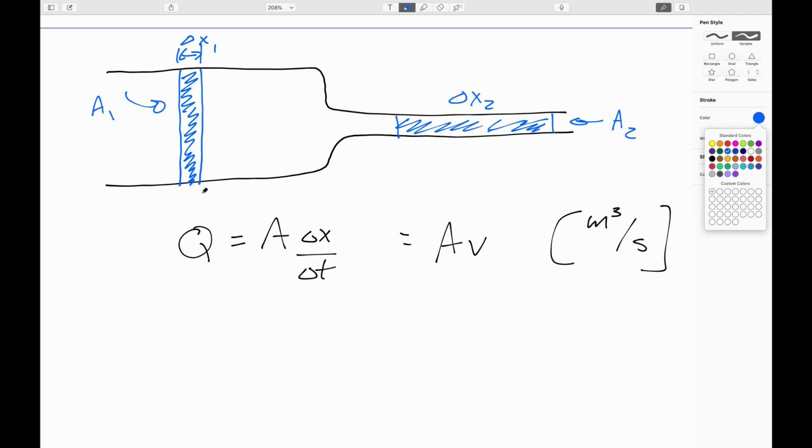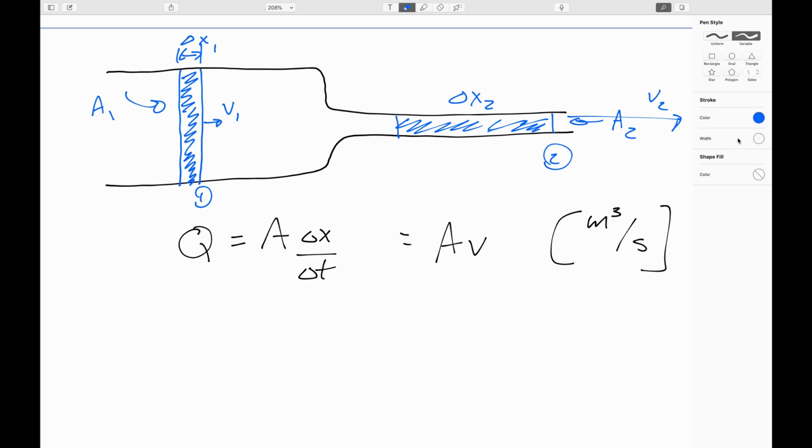Okay, so let's say this is region 1, this is region 2. So what this is going to mean here is if the fluid here is going at speed v1 here, it's got to be going a heck of a lot faster over there for our speed v2. Alrighty.